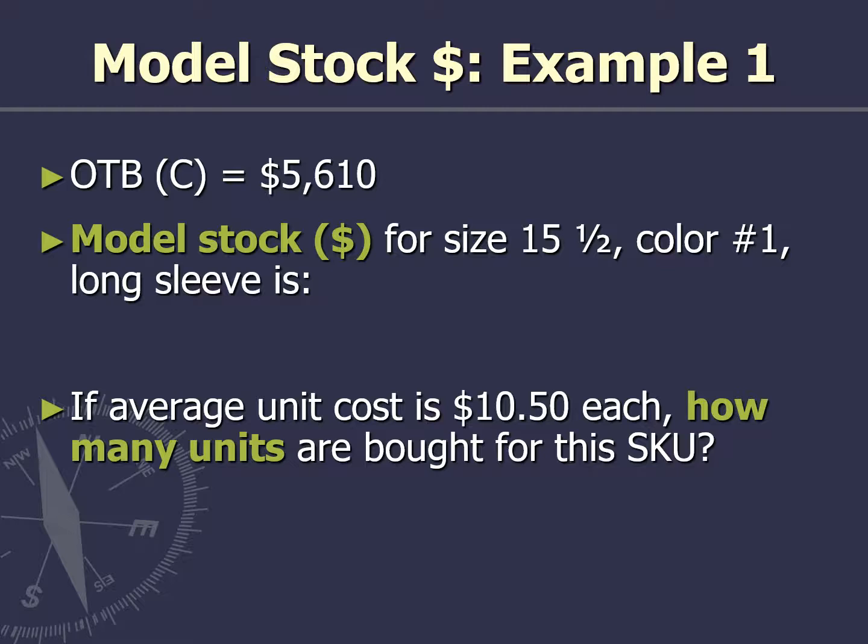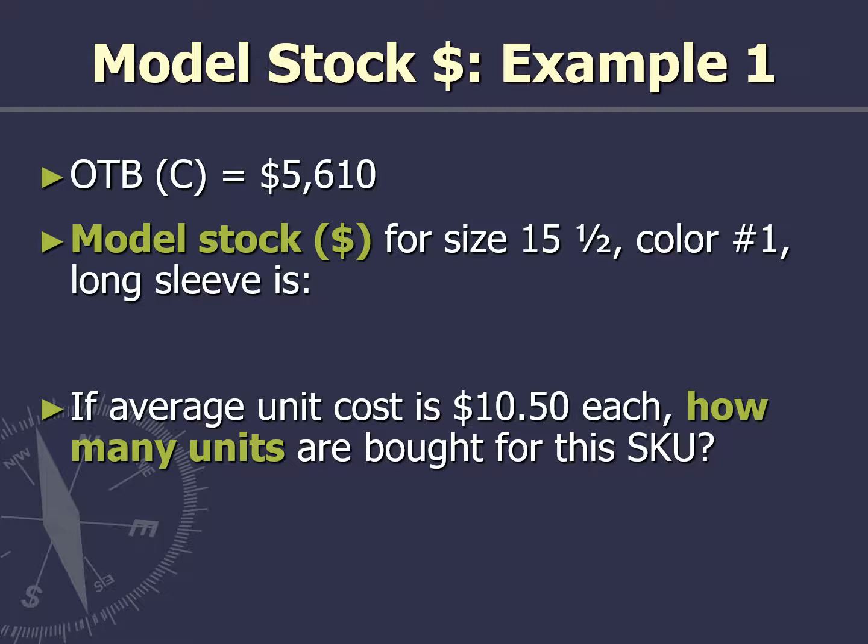Let's first find out the amount of dollars that we can spend for the specific SKU of neck size 15.5, color number 1, in long sleeve. That means we first need to find the string of percentages that correspond to this SKU: the size, color, and sleeve length.